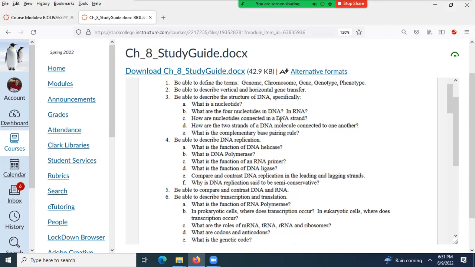And then the 2 strands of DNA are held together by hydrogen bonds between the nitrogen containing bases. And then the 2 strands of DNA are complementary to each other, where A and T always bind together, and G and C always bind together. And it can be vice versa, meaning C combined with G, as well as G binding with C.